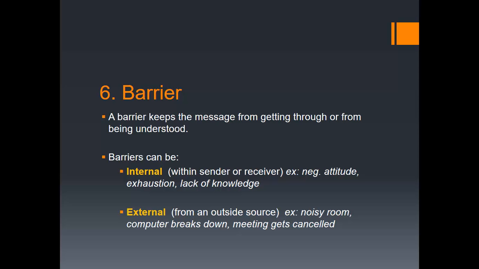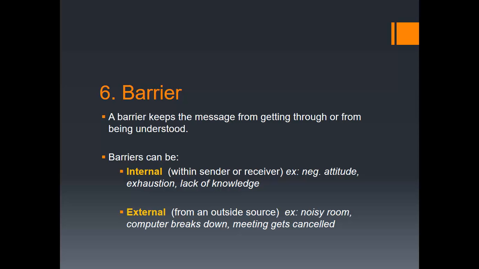Now this is important. We have to consider barriers to communication, things that can get in the way from our message going forth in the way that we intended. Okay? Barriers can hinder effective communication. And so barriers can be internal or external. Internal meaning within the sender or receiver. Okay?